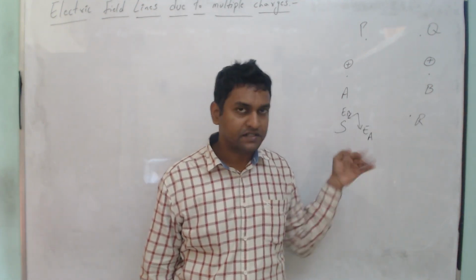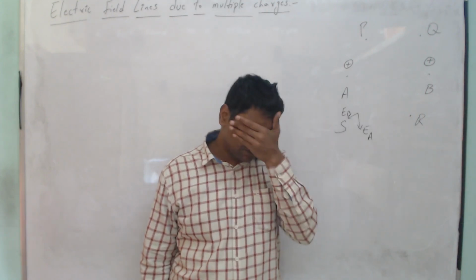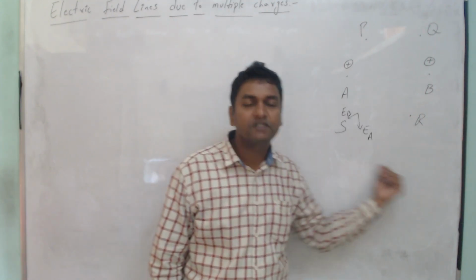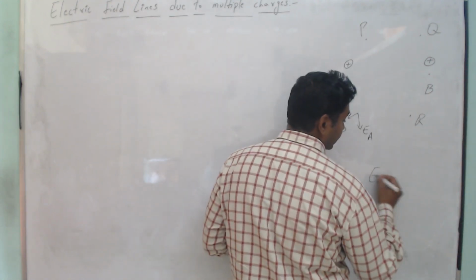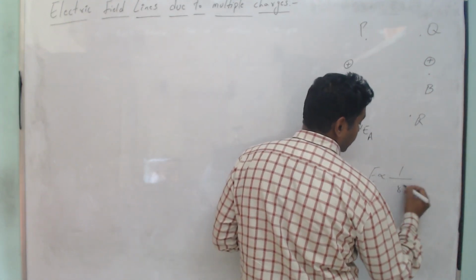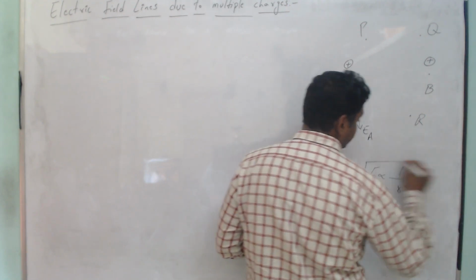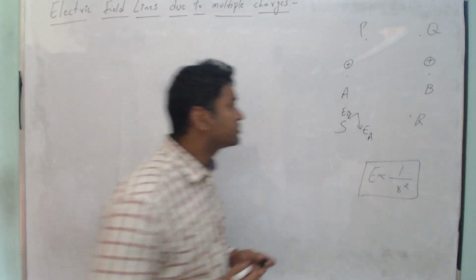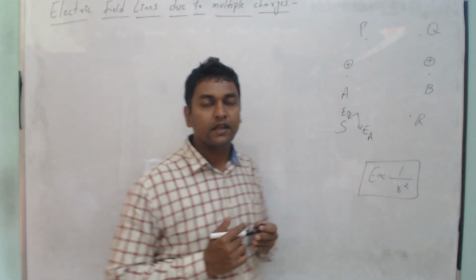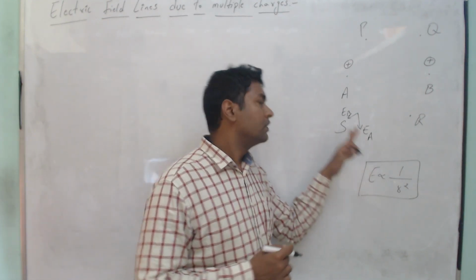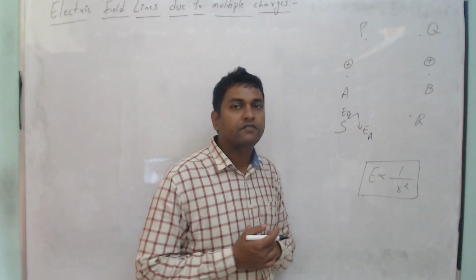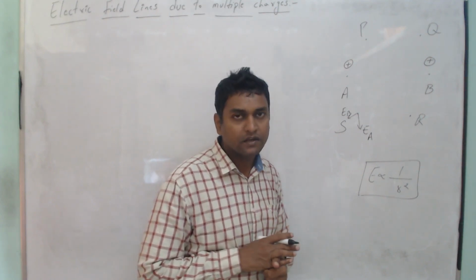Because electric field is inversely proportional to the square of distance, and because I am closer to point A, the magnitude of electric field due to A is greater than the magnitude of electric field due to B, correct?